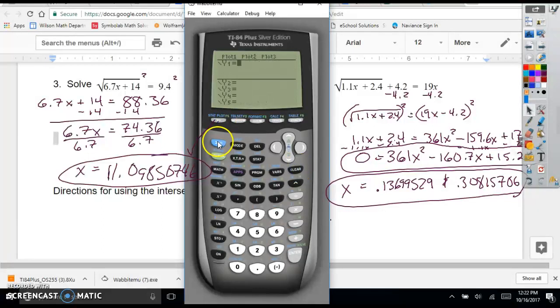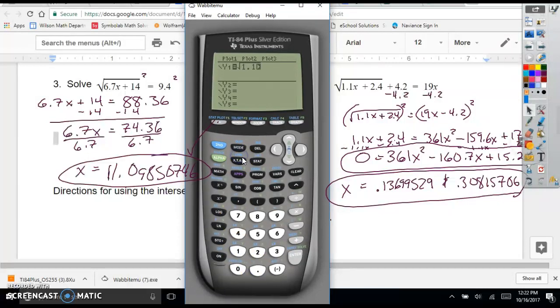Let's go back to the original, which was the square root of 1.1x plus 2.4, and then outside we had plus 4.2. All right, and then we have 19x here. Go ahead and graph it. We're going to find out where these two intersect, and we'll know which one's extraneous and which one's correct.